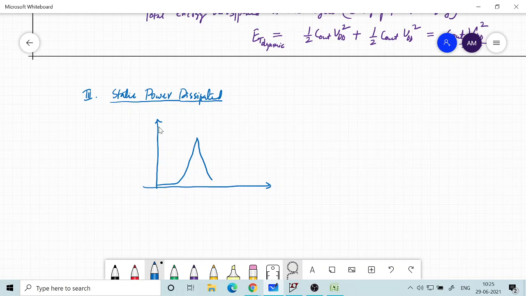But if you magnify and see, the current does not really go to zero. This is V in, and V in varies from 0 to VDD. That is how you do the DC analysis. This is our IP.